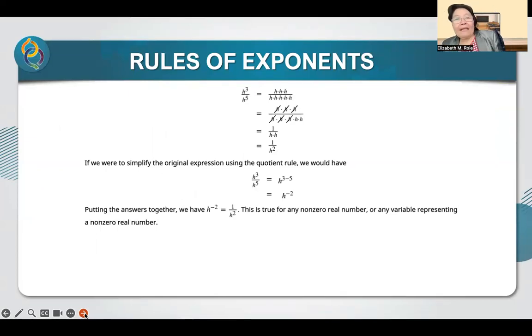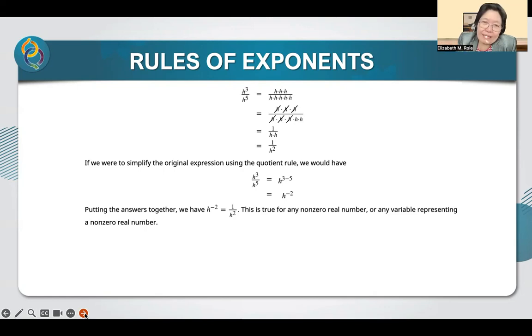All right, now in our discussion a while ago, most of our problems have the exponent of the numerator bigger than the exponent of the denominator, and therefore your answer will have a positive exponent. So what happens if your denominator has an exponent that is bigger than the exponent of the numerator?